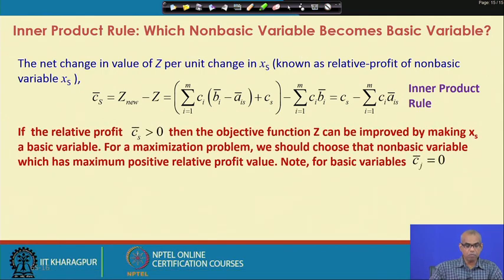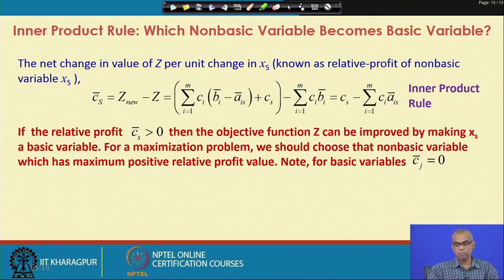So, if the relative profit of non-basic variables Cs bar is greater than 0, then the objective function z can be improved by making xs a basic variable. For a maximization problem, we should therefore choose that non-basic variable which has maximum positive relative profit value.